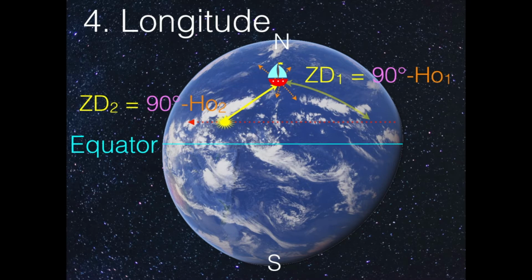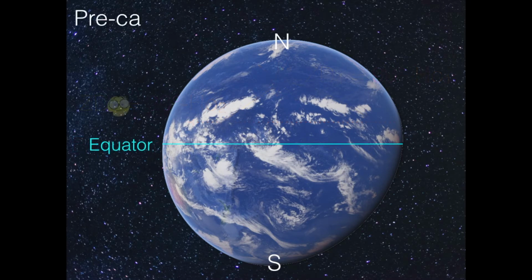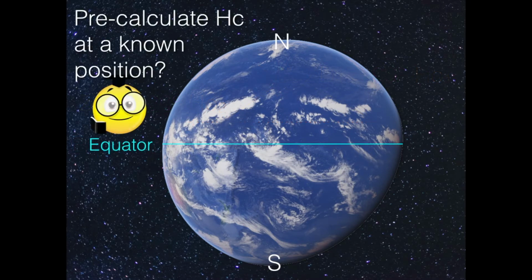We get two position lines, and where these position lines cross, that's our position. That's the principle.